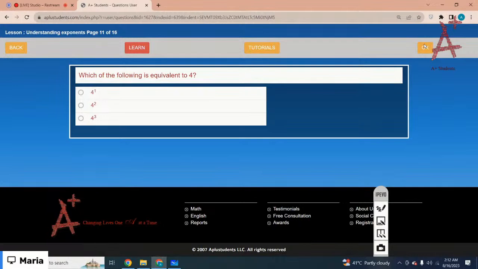The correct option is option number 1. 4 exponent 1 is the correct option, right? Because 4 exponent 2 means you have to do 4 times 4, and 4 times 4 makes 16. Same is the case for 4 exponent 3. You have to multiply 4 3 times. So option number 2 is the correct option.